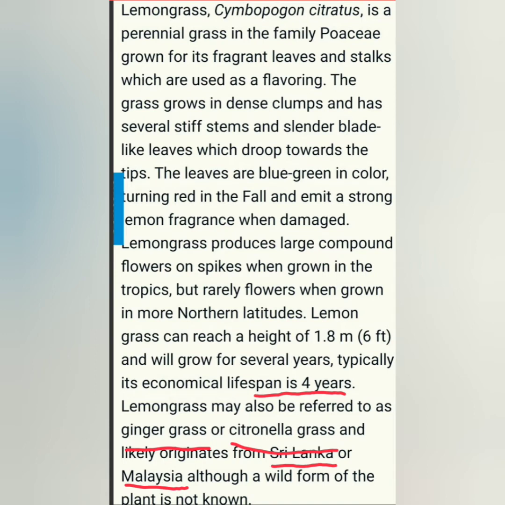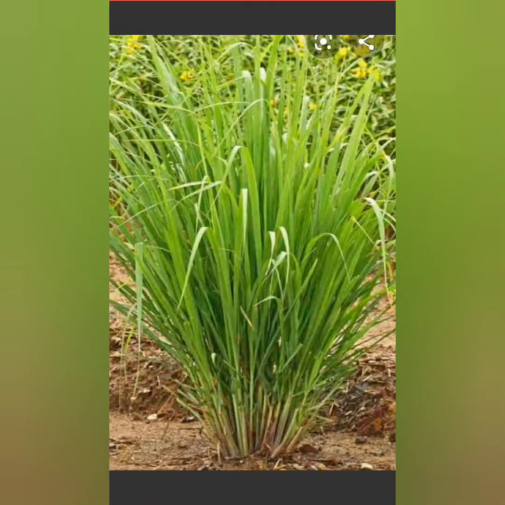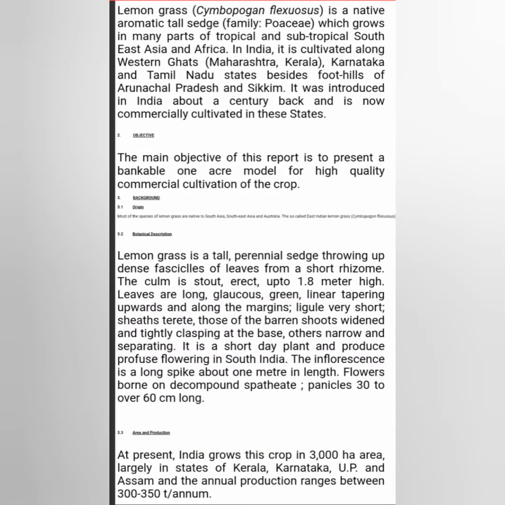So its wild form is not known, but it is believed that this plant likely originated from Sri Lanka as well as Malaysia. So these are some of the important botanical characteristics of the plant.